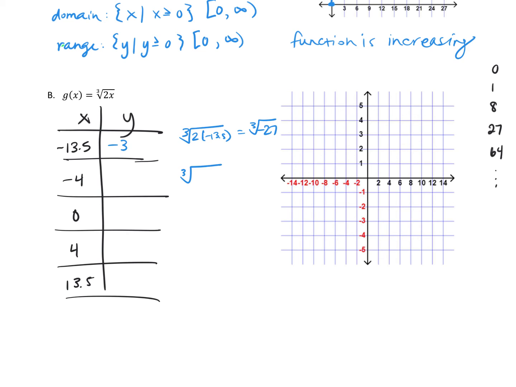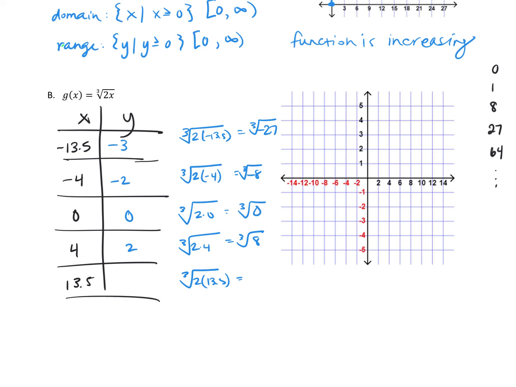Then if we cube root 2 times negative 4, that's the cube root of negative 8, which is negative 2. Cube root of 2 times 0 is just the cube root of 0, which is 0. Cube root of 2 times 4 is the cube root of 8, this gives us 2. And then the cube root of 2 times 13.5 gives us the cube root of 27, which is 3.